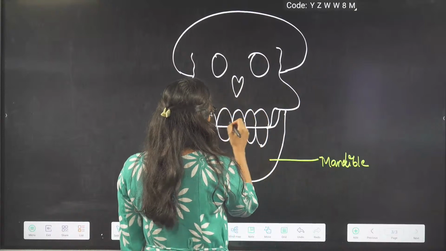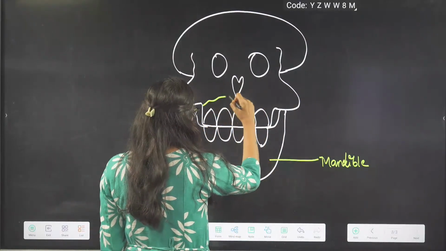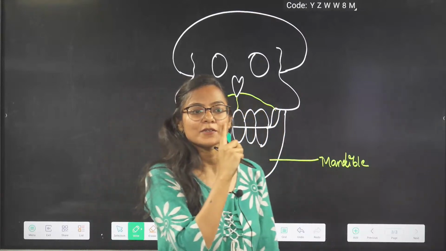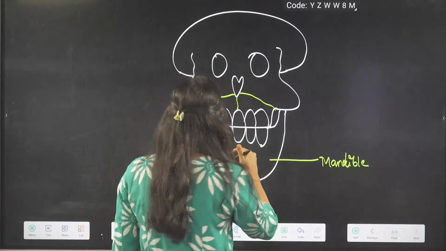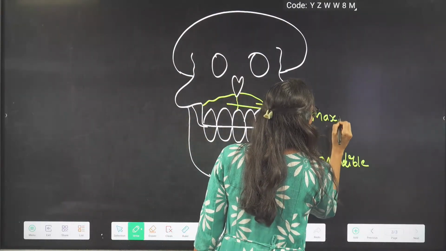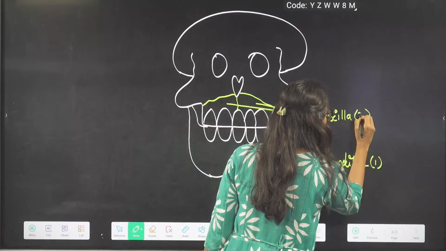And this upper one, okay? Now see, mandible is only one, but maxilla, there are two bones here. There is a separation in between. So there are two bones in the upper jaw, right? So these two will make up maxilla. This is 2 and this is 1, right?